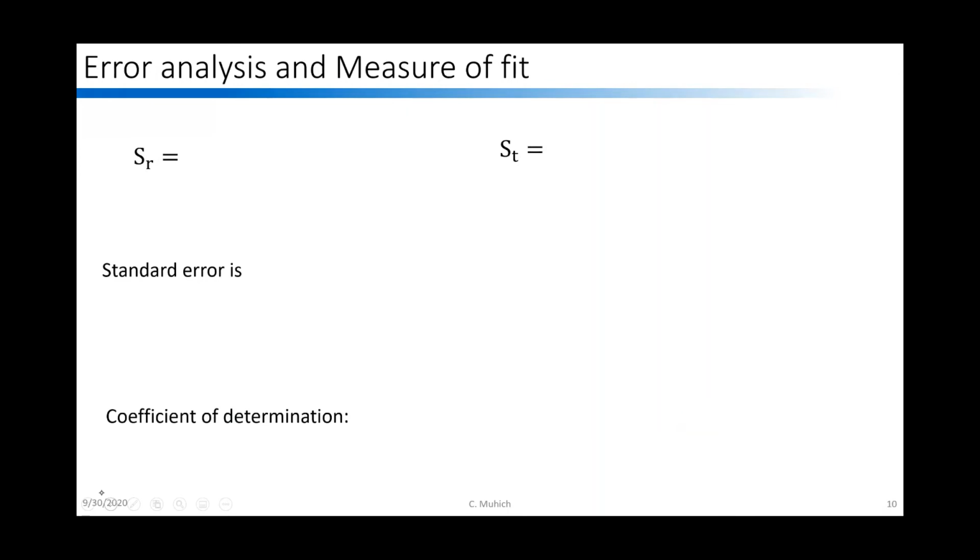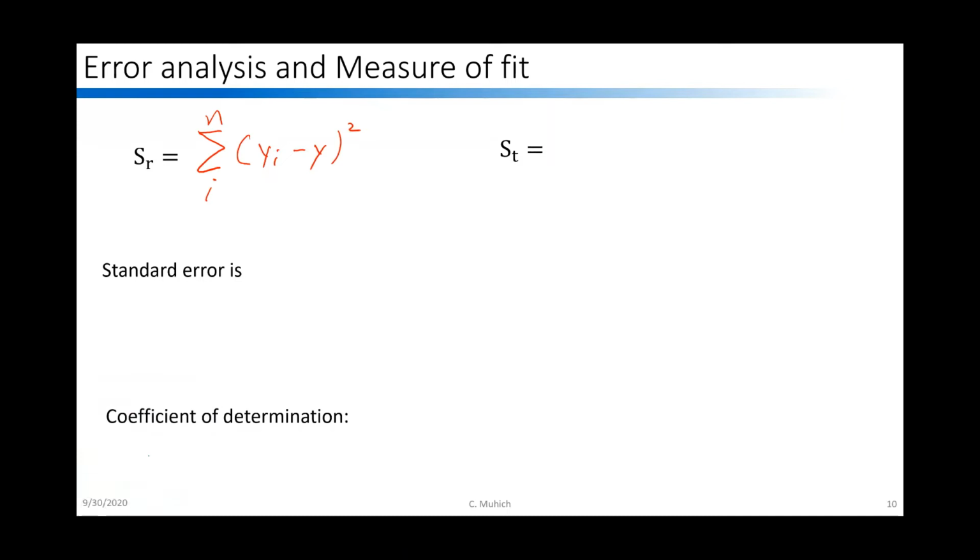So we're going to go back to this concept of my sum of residuals and my variance of the y values. So remember, my SR, my sum of residuals, is the sum from i to n of each data point that was given minus the y that's calculated.